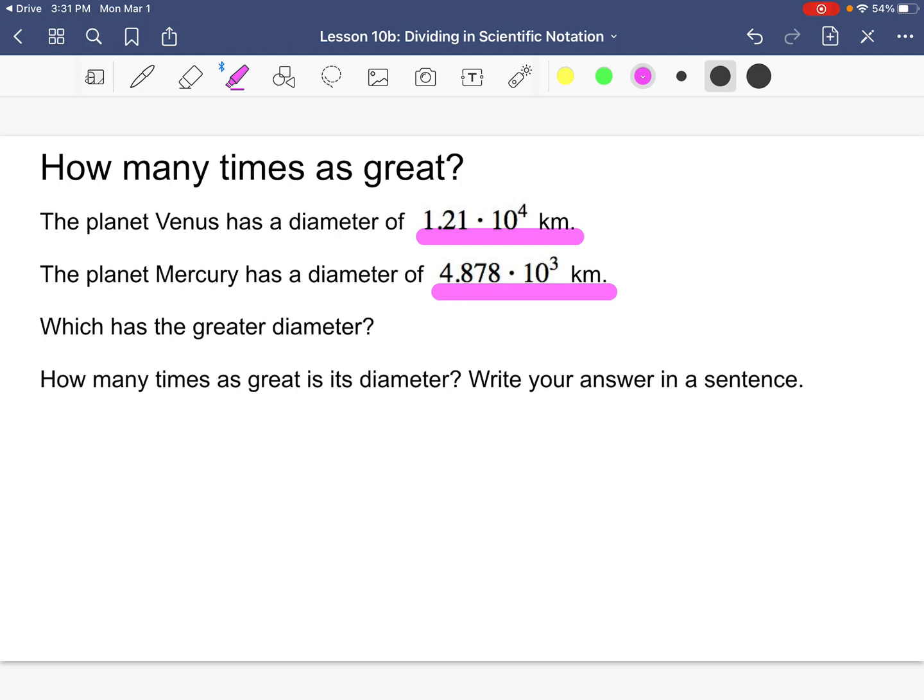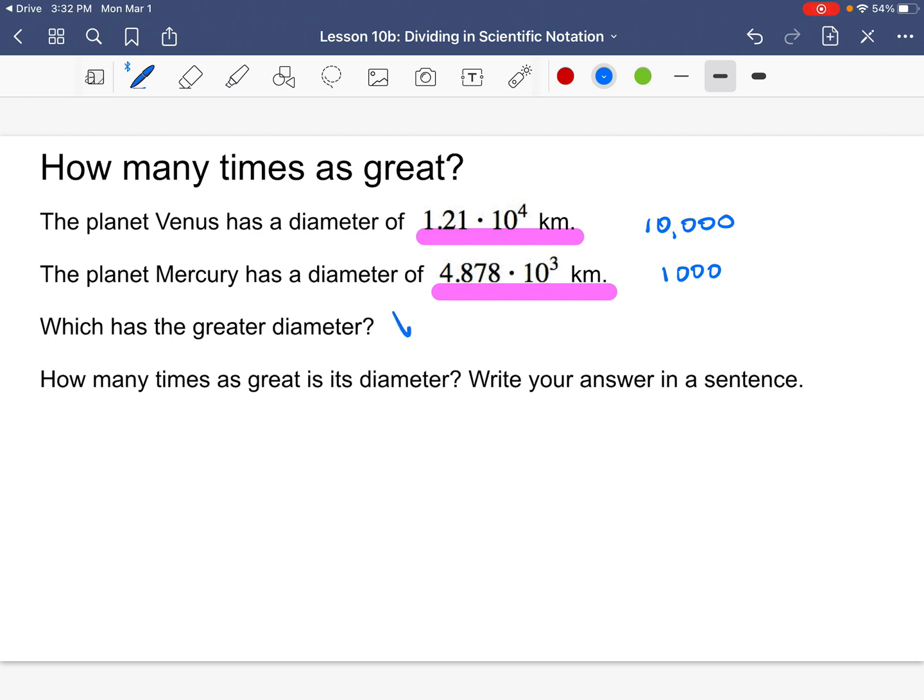You could think, oh, 4.878 is greater than 1.21, but look at the base and exponent pairs. 10 to the power of 4 is 10,000, and 10 to the power of 3 is only 1,000. So it's much bigger. The 1.21 times 10 to the power of 4 is actually the bigger number.